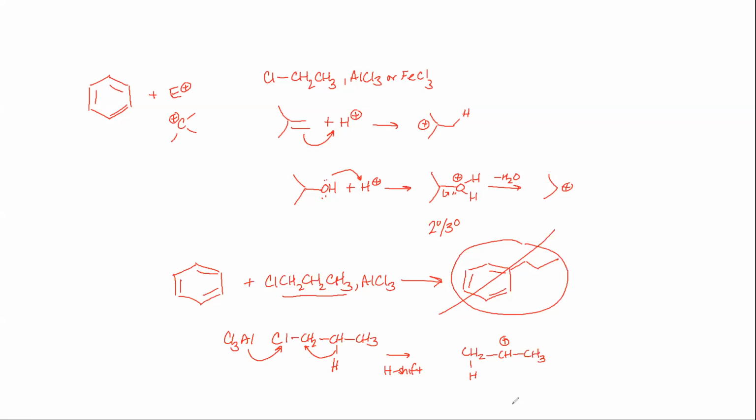And that is one of the hydride shifts that I don't have to tell you will occur, because it will always occur. So a number of people tried to add just the propyl group to the benzene ring, and that will not work.